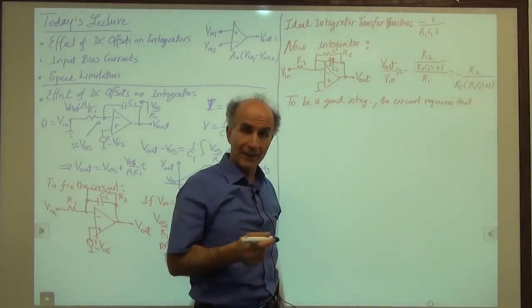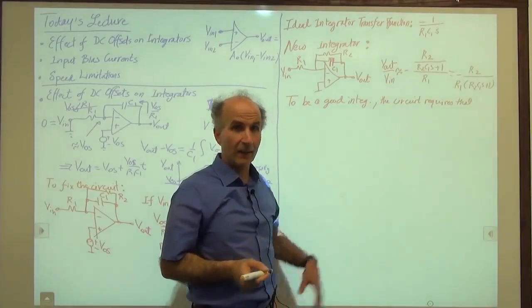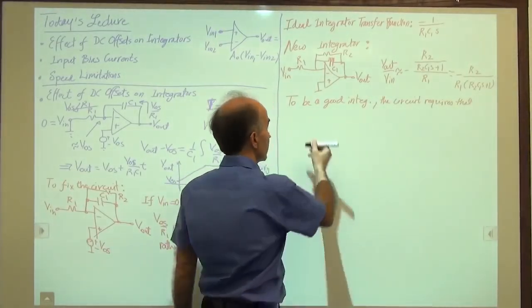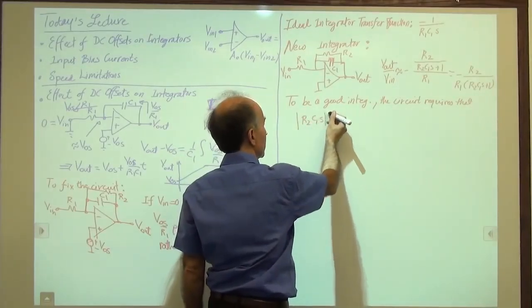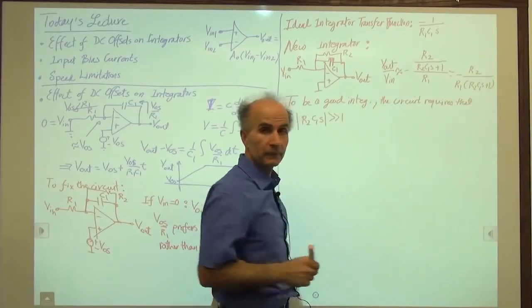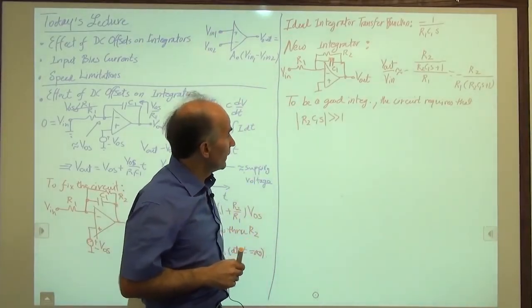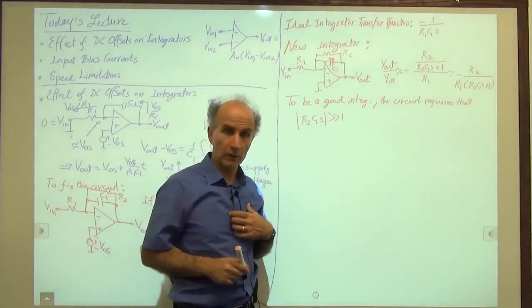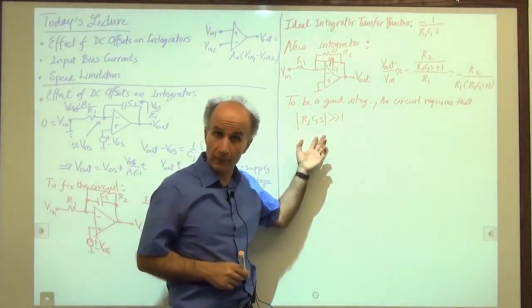Now the problem is that S generally is a complex number. So I cannot say a complex number is much greater than 1. So what we do is we say the magnitude of R2 C1S is much greater than 1. All right, so what does this mean? Well, of course, we have R2 and C1 under our control. But it's really S that plays a role here. S is the frequency of the input.